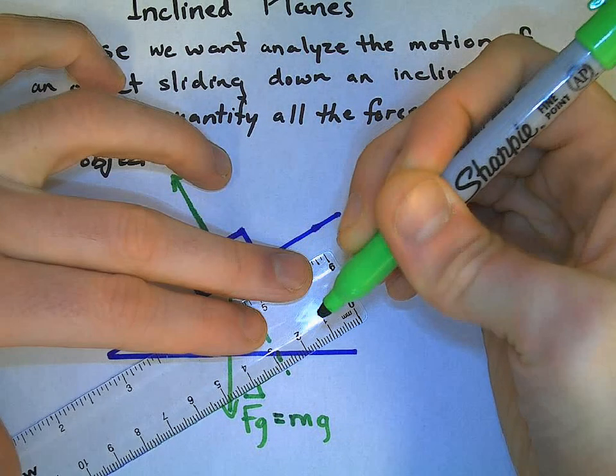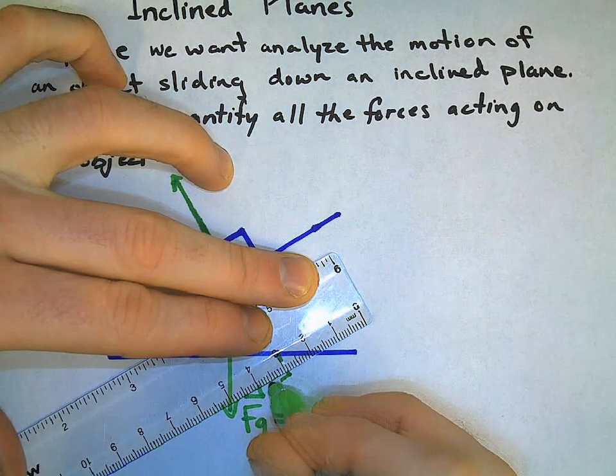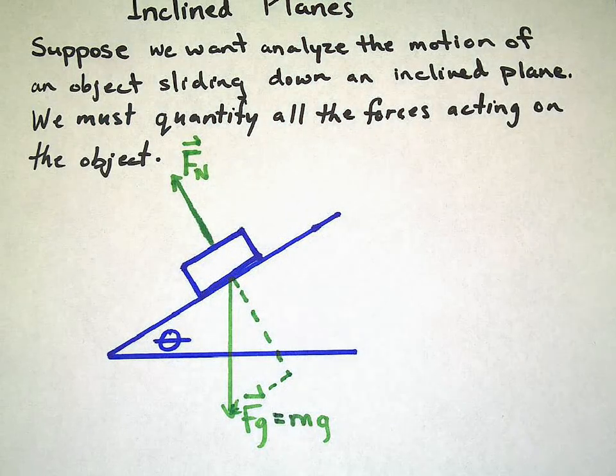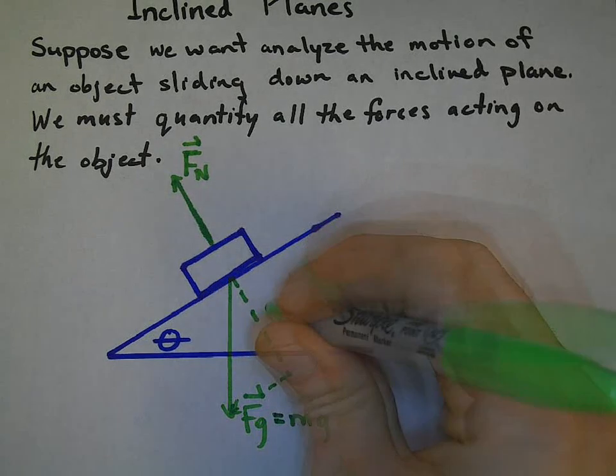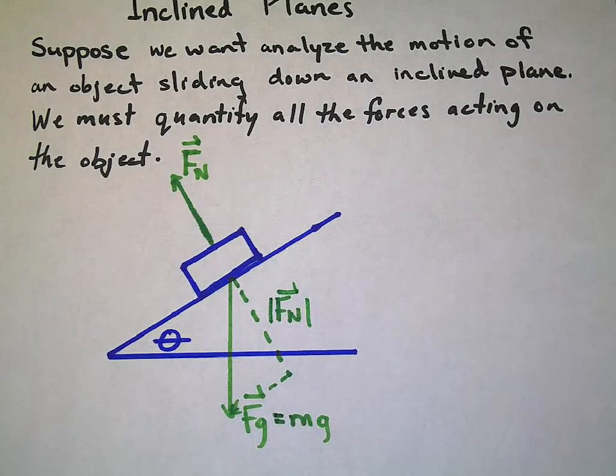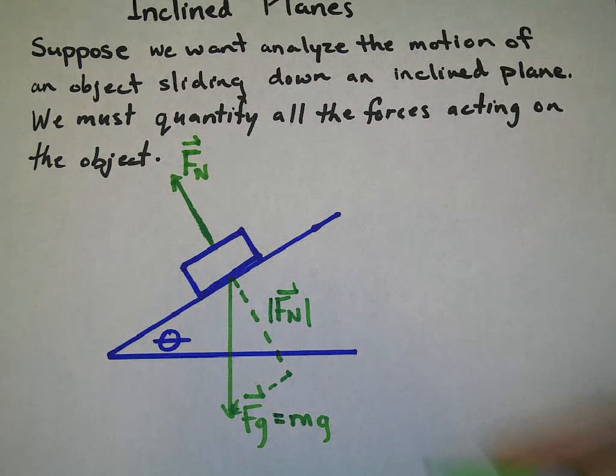In the opposite direction of my normal force, we actually have the negative of the normal force. We're going to call this the absolute value of Fn, and all this is the magnitude of the normal force.